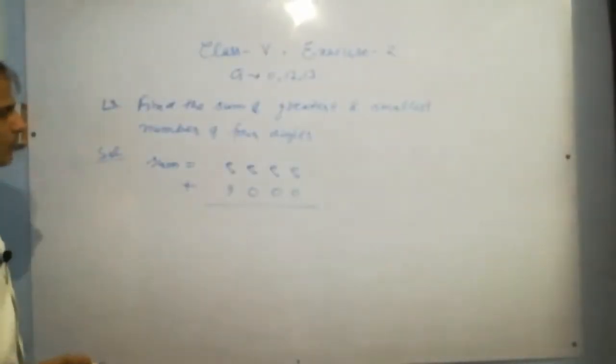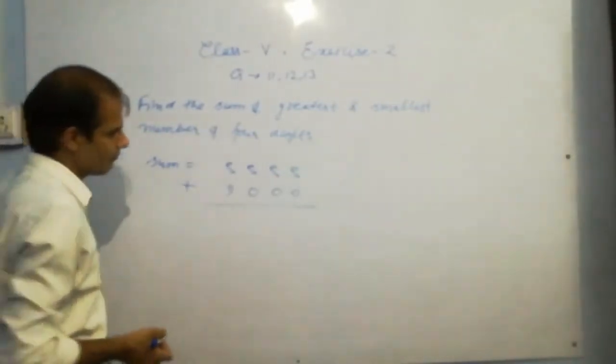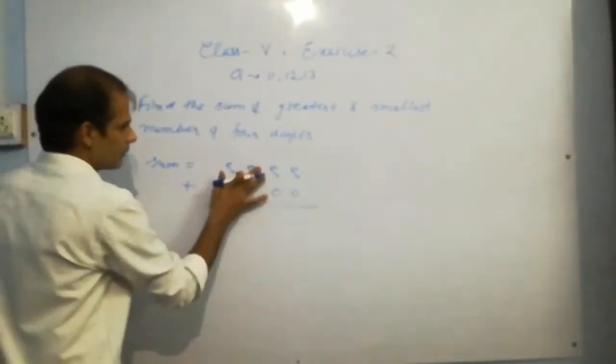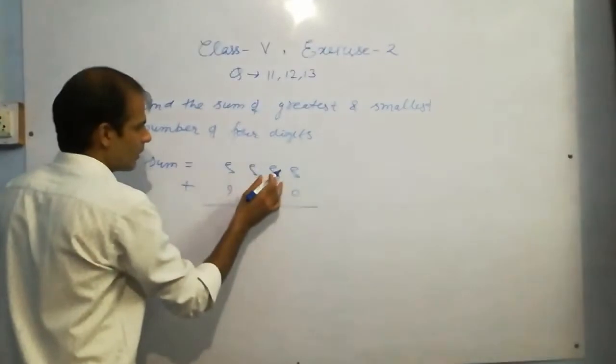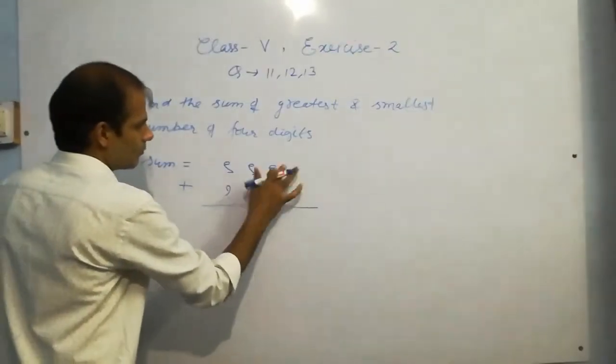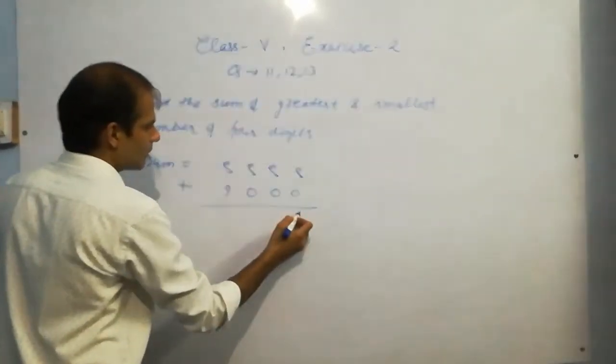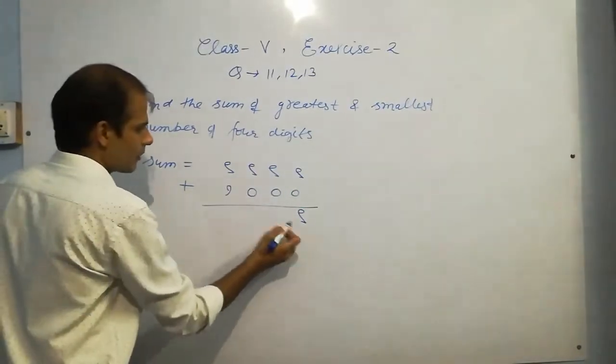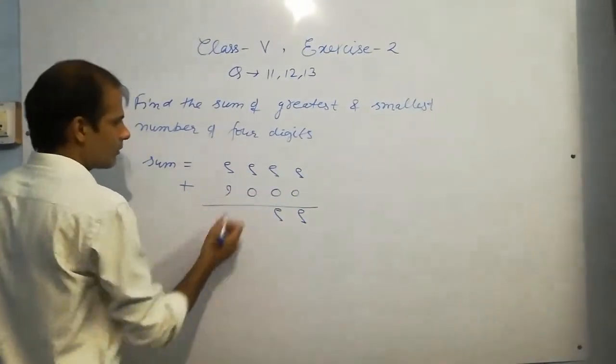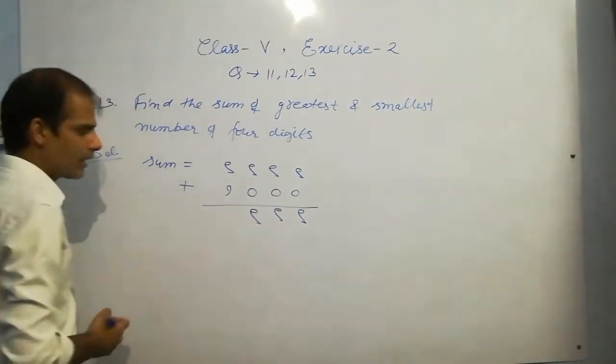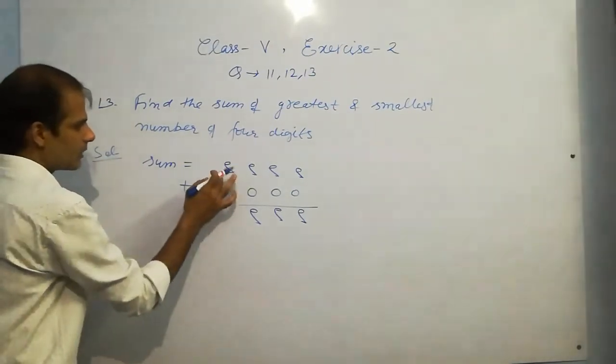I hope it is very easy. Now perform the addition. 9 plus 0 is 9, 9 plus 0 is 9, 9 plus 0 again 9, and this is 9 plus 1.